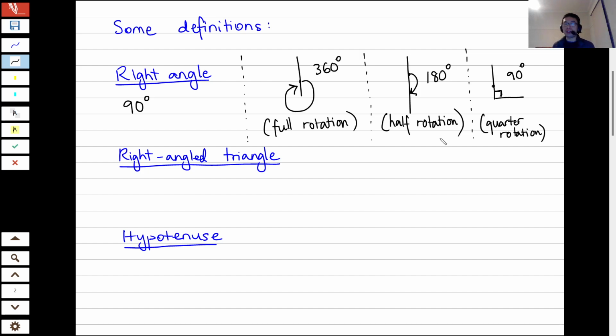We are starting a unit on Pythagoras' theorem and trigonometry, and our focus is going to be primarily on right-angled triangles. So what is a right-angled triangle? It's just a triangle with a right angle.